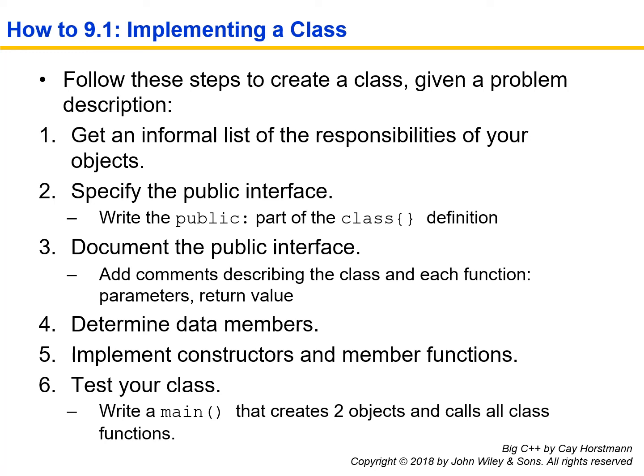In the world of designing and implementing classes, there's sort of a 6-step process that the book recommends for implementing a class. The first is to get a list of the responsibilities of your objects.